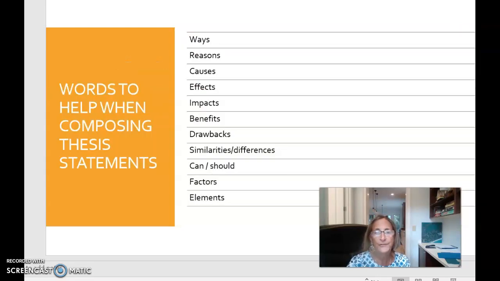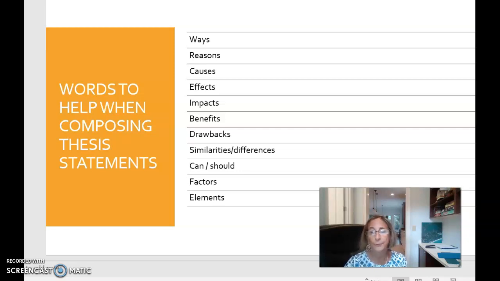Now, here are words to help you when you're trying to think about composing thesis statements, especially if you're going to compose a closed one. You're thinking about ways, reasons, causes, effects, impacts, benefits, and you see how these will all feed into what method of organization you're going to be using. If you're going to be using cause and effect, you're thinking about reasons or results.